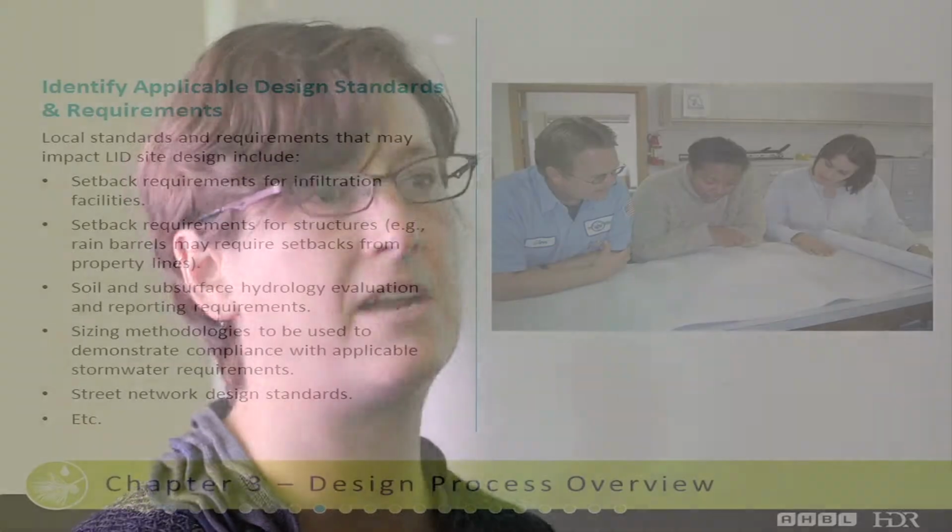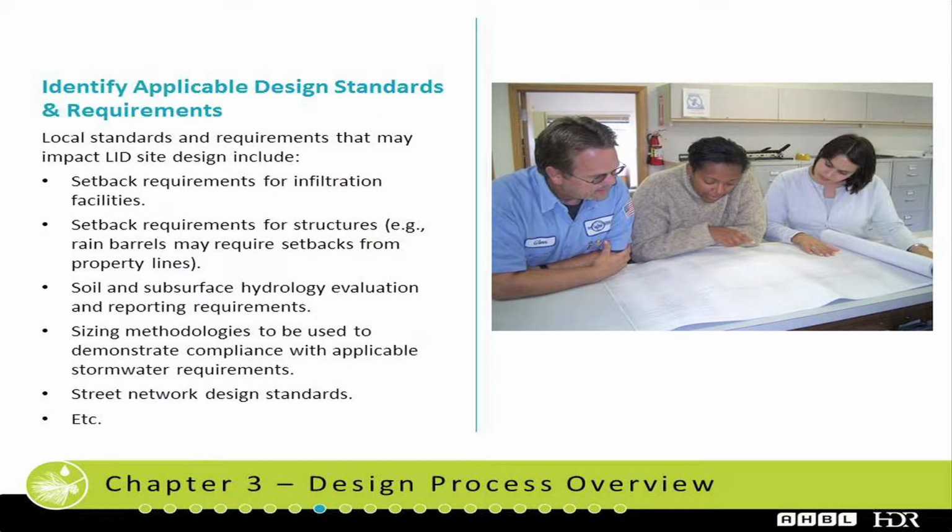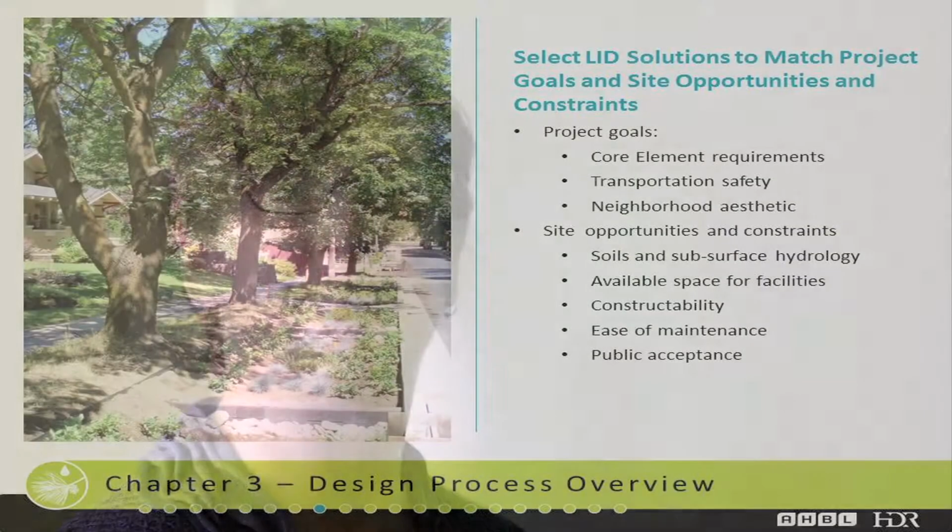Just as an example, soil and subsurface hydrology evaluation, we've provided some guidelines for how to conduct that evaluation, but local jurisdiction requirements may trump. Sizing methodologies, we're going to show you an example of how you might conduct sizing for low impact development facilities, but again, you'll want to consult local jurisdictions.